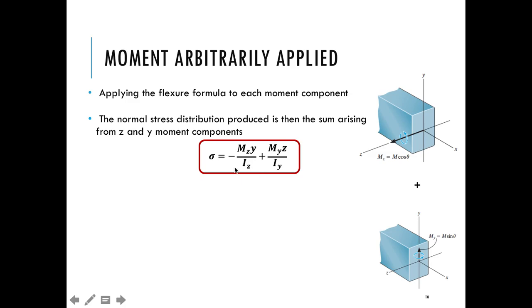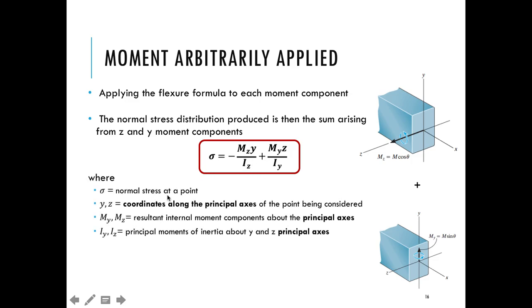Flexure formula से bending stress arising from My, and flexure formula से bending stress arising from Mz and from My. ठीक. Let's take a look at what the individual components in here are. So sigma is the longitudinal normal stress at any point on the cross section.